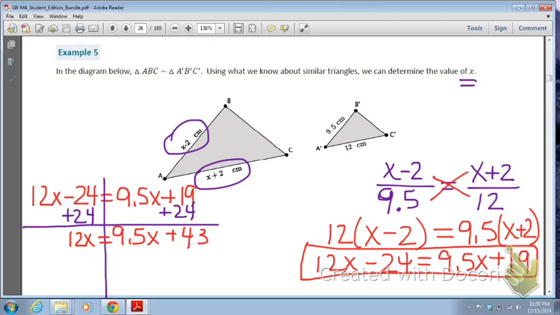All right, so now I want to get the x on the other side, so I'm going to subtract 9.5x. That's going to become 0 over here, minus 9.5x. And so 12 minus 9.5, well, 12 minus 9 is 3, minus another 0.5, so this is going to be 2.5x is equal to 43.